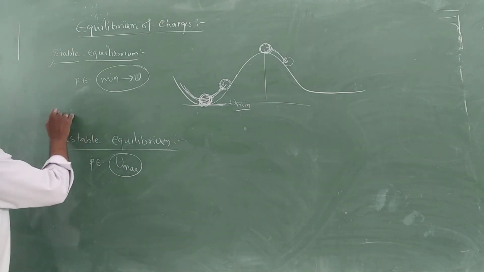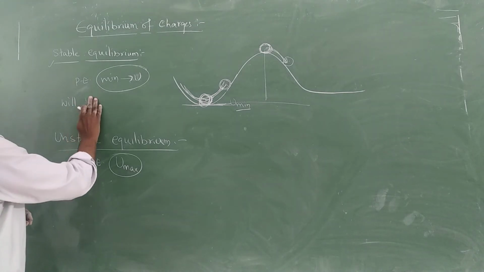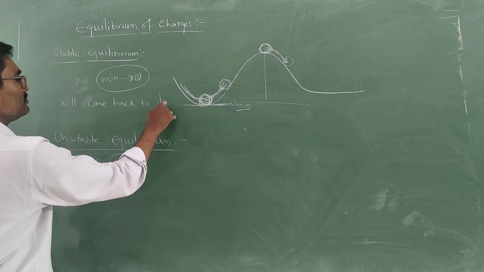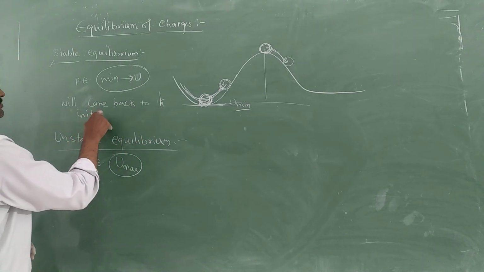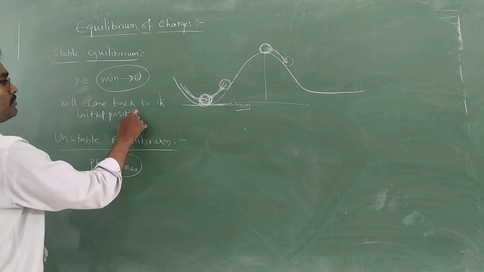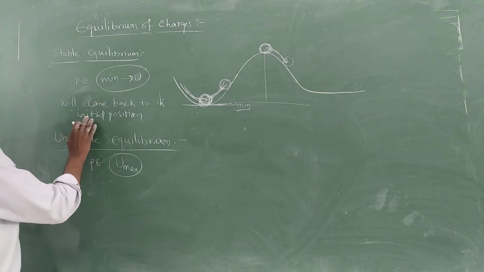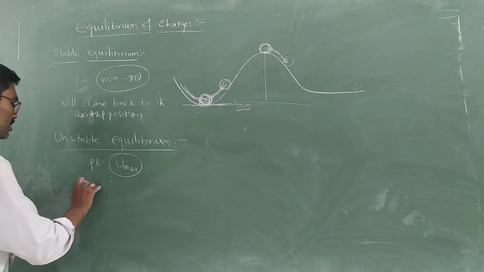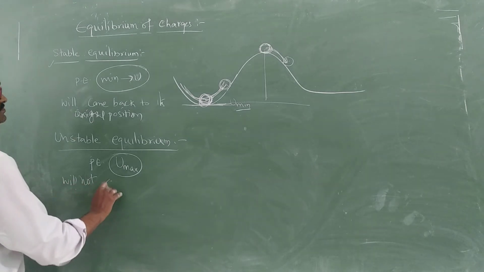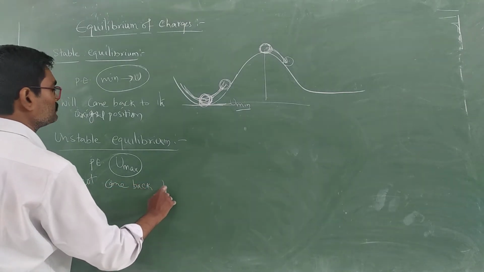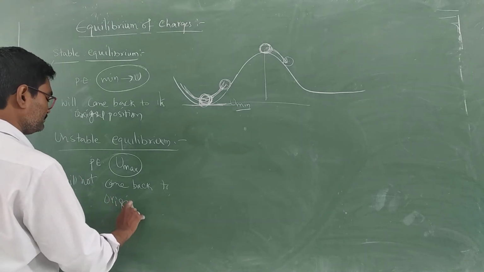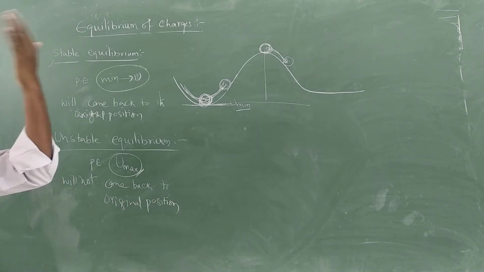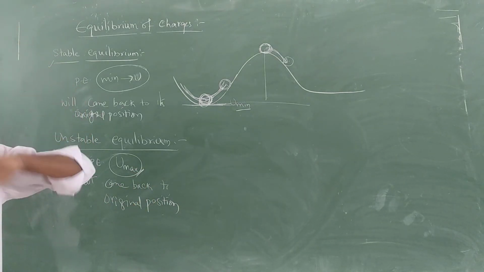Here it will come back to its initial position, the original position. Here it will not come back to the original position, since potential energy is maximum. Potential energy is maximum, unstable. Potential energy is minimum, stable.